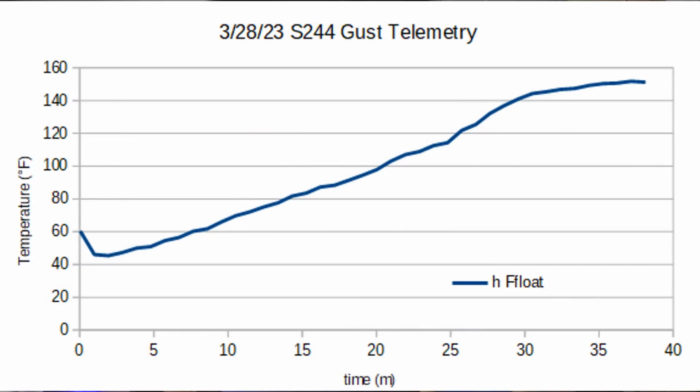This is the data coming off the controller, and you see over 5 minutes we gained 20 degrees. That's a 4-degree Fahrenheit per minute rise, and that's good controlled rate of rise.